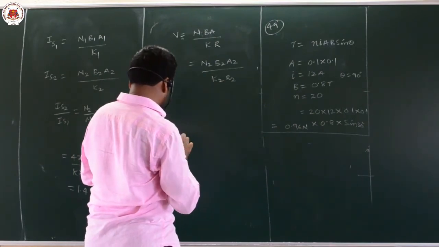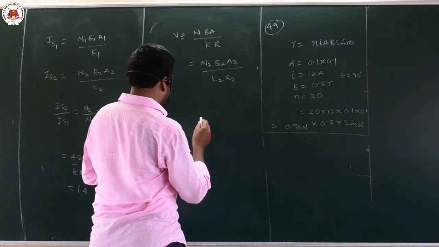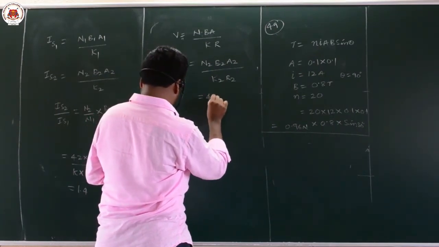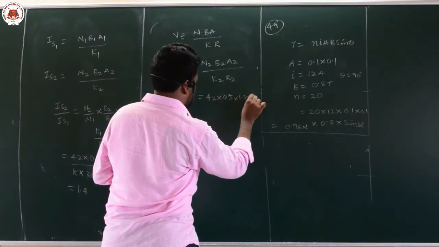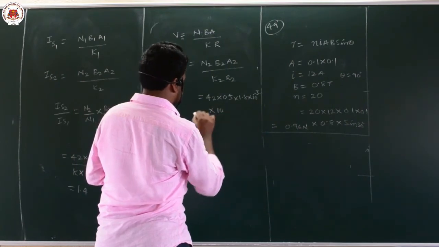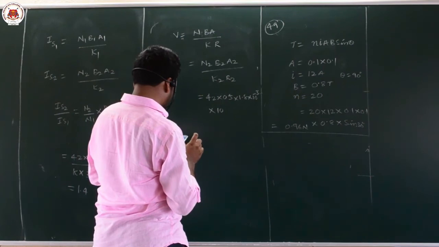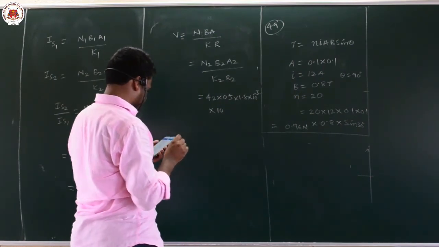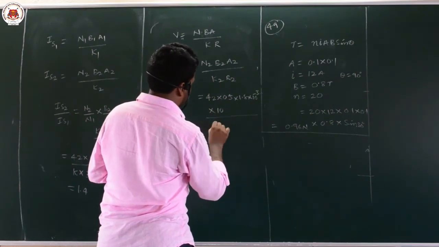So what will you get? You are going to get it as 4.42 into 0.5 into 1.8 into 10 power minus 3 into 10 by K value, keep it like that only.